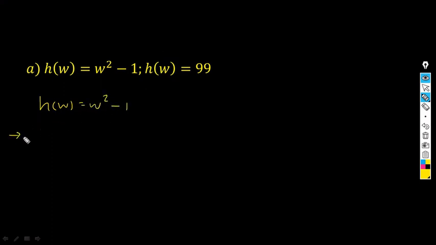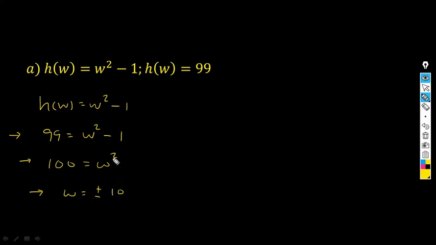Okay, so I know that h of w has to be 99, so I substitute it, and then I simply solve this equation. Okay, this is gonna be 100 equals w squared, and when I solve this equation, I get w equals plus and minus 10. Okay, why plus and minus?